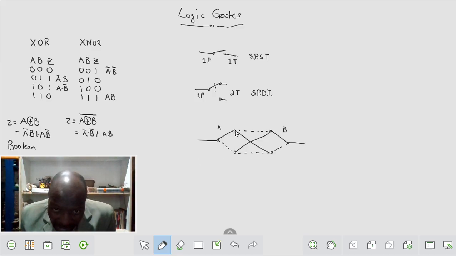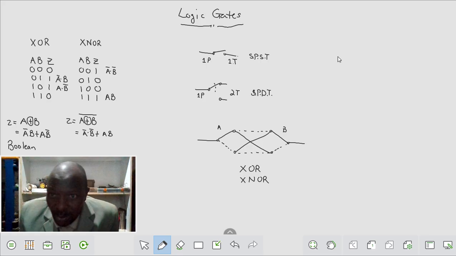If we connect through an X, this is going to be easy to remember, that is our XOR connection. If we connect through the equals, that is our XNOR connection.